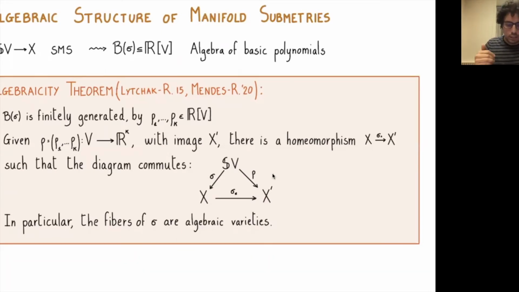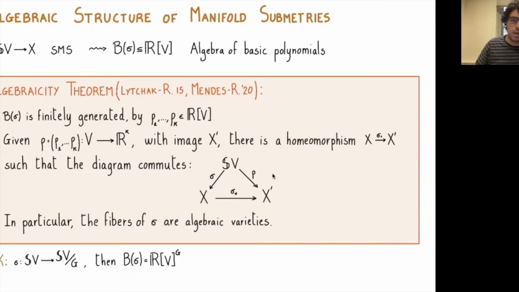Here I just wanted to remark that if we have a homogeneous one, the moment we have a manifold submetry just coming from a straight quotient by a group action, then the algebra of basic polynomials is just the algebra of invariant polynomials.